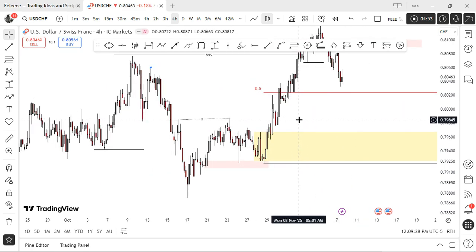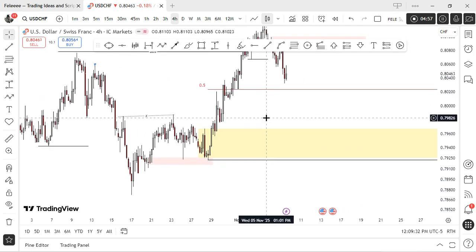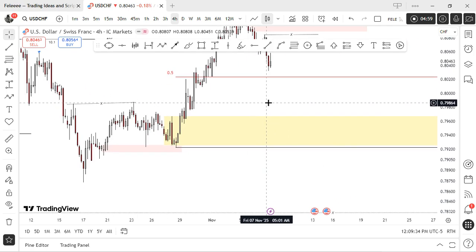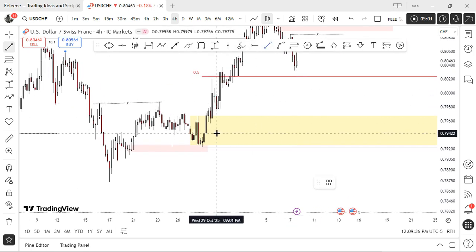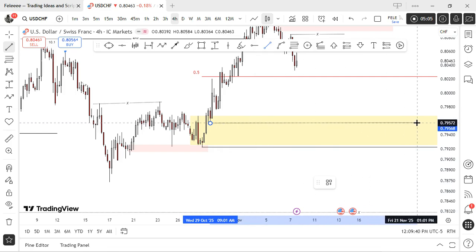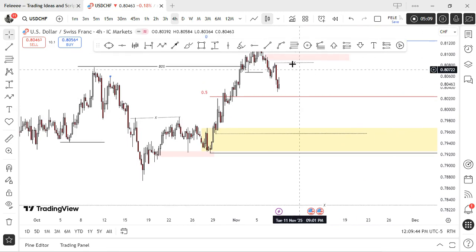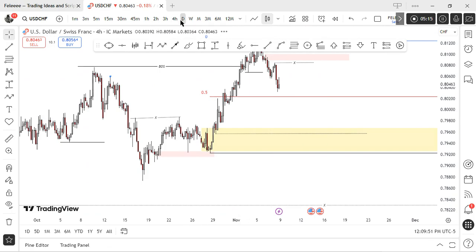It's in bullish momentum. I would like to see price sweeping this liquidity too before going to the upside. So this is USD CHF.